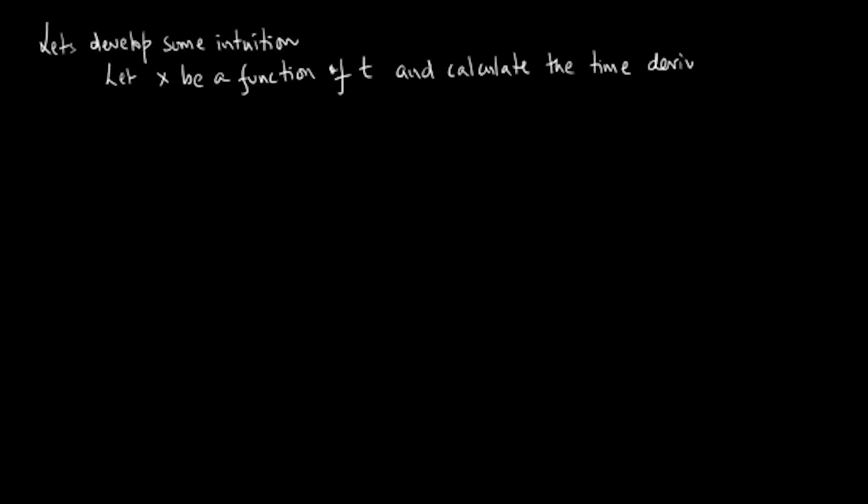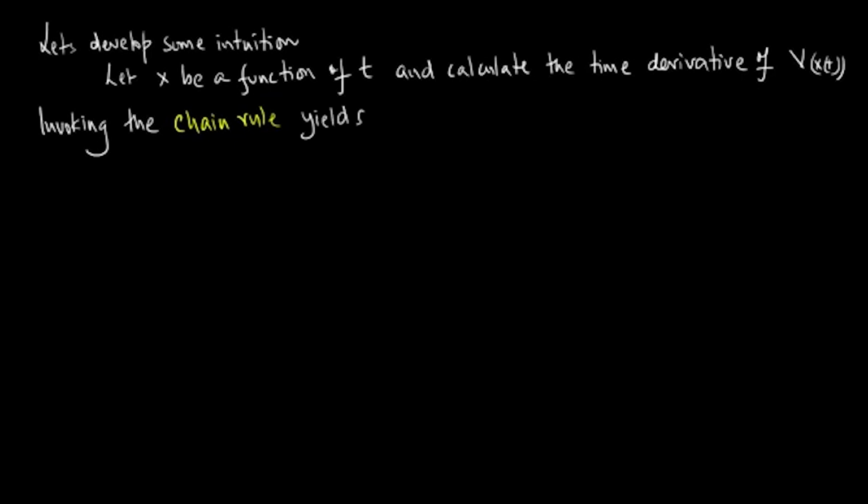Let's go ahead and develop some intuition for ourselves. Let x be a function of t, and let's calculate the time derivative of V as a function of x of t. So invoking the good old chain rule from calculus yields dV dt is equal to dV dx times dx dt.